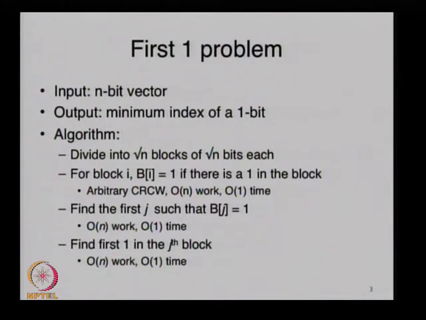Just like we did in MinFind, we compare one element with all the other elements. So for every element, I want to know if I am the first one. To know that, I'm going to check if there is any one on my left.